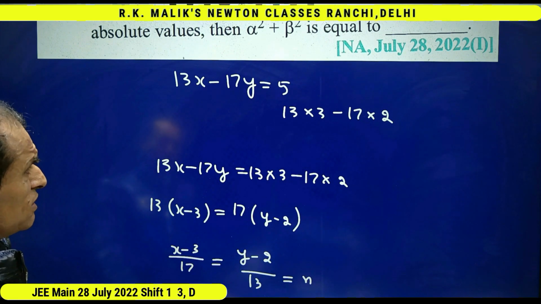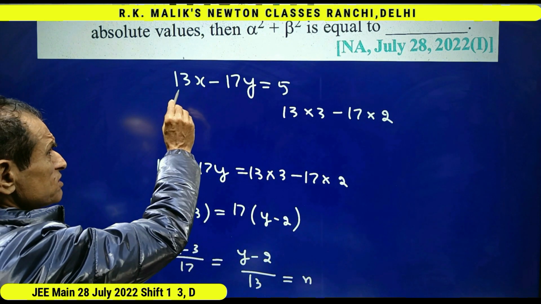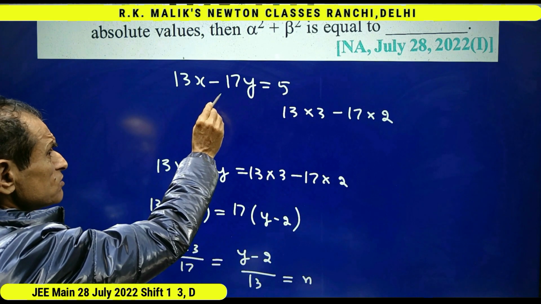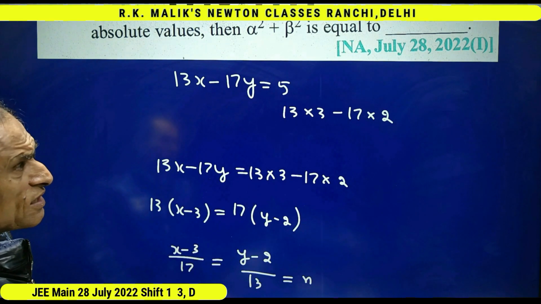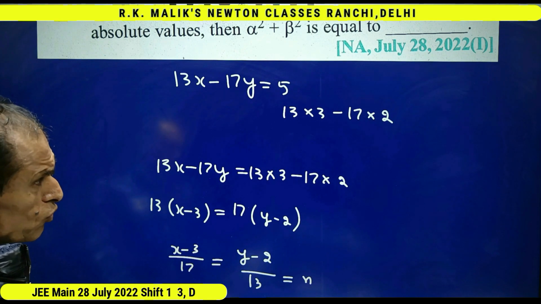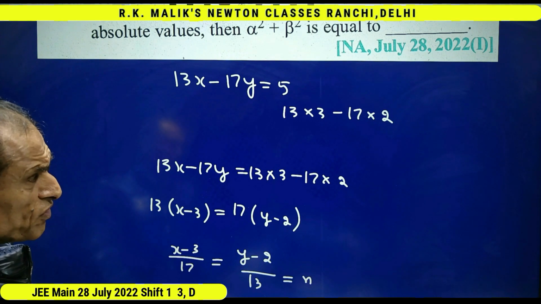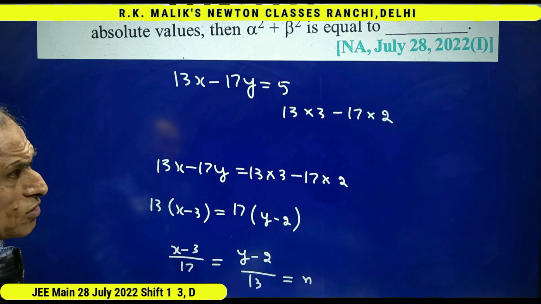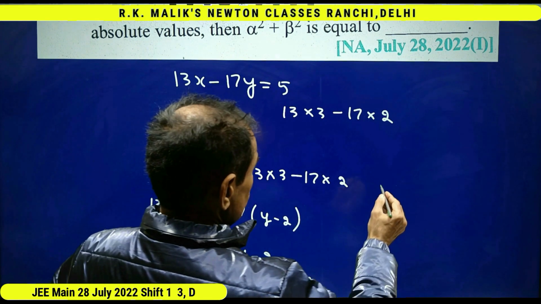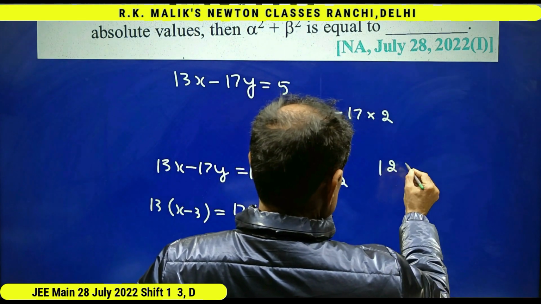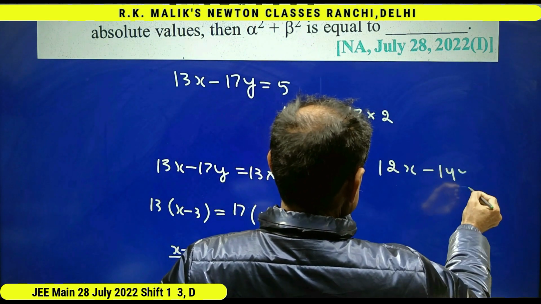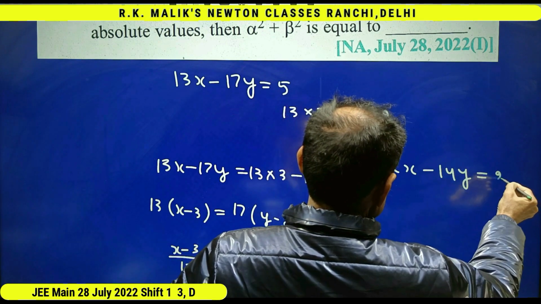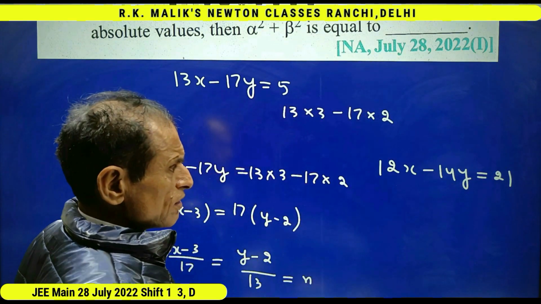Note that in case the HCF of these two coefficients is not able to divide the constant term, in that case there will be no solution. Without doing any calculation, immediately we can say there is no solution. For example, if I say 12x minus 14y equal to 21.